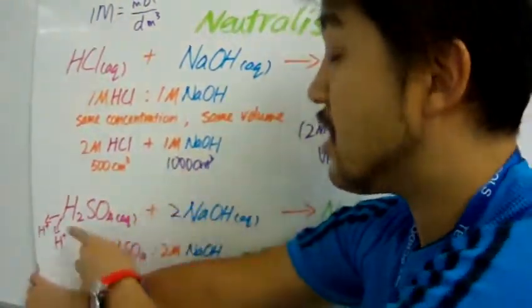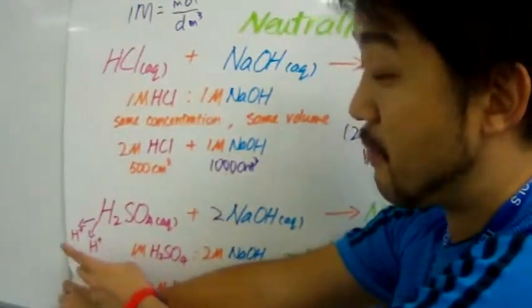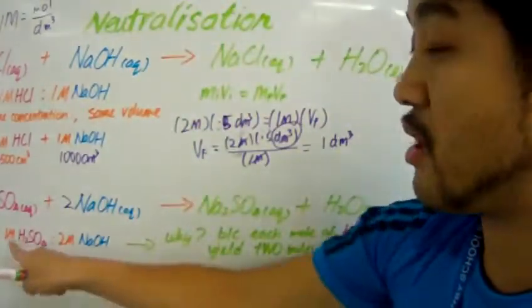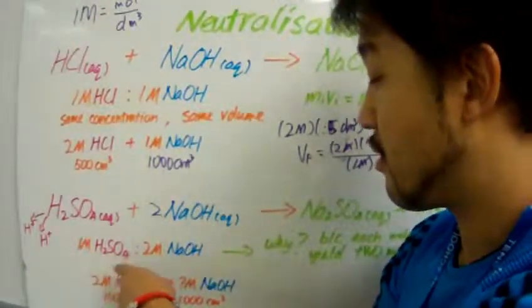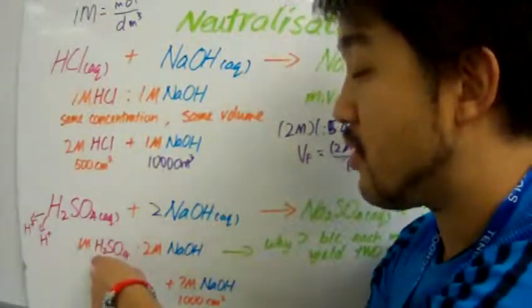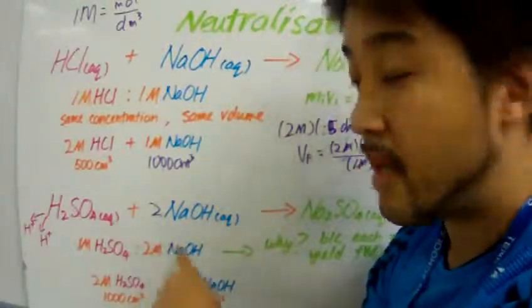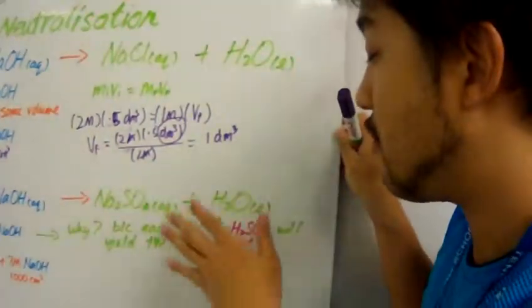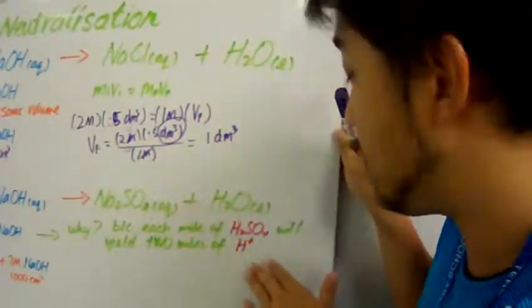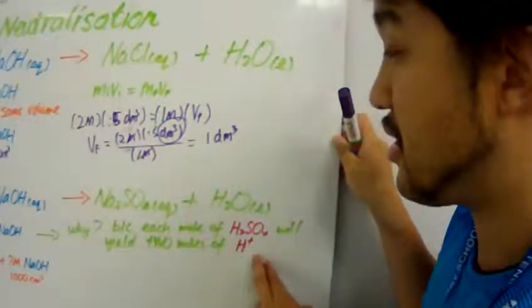The reason is that this is a diprotic acid, so you have an H plus here and an H plus here. When you react 1 mole of sulfuric acid, you need 2 moles of sodium hydroxide. And again, why? It's because each mole of sulfuric acid yields 2 moles of hydrogen ions, or protons.